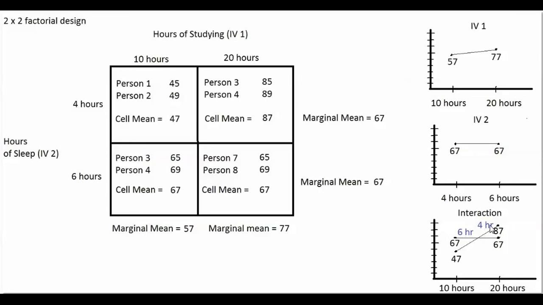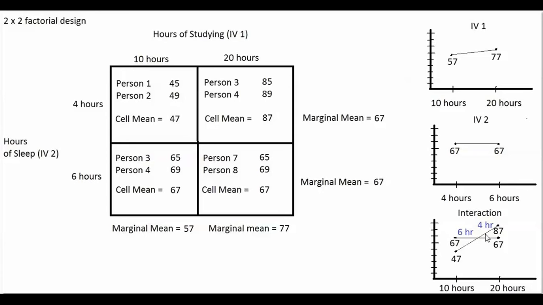And we can see that the 6-hour line is flat because there's no difference between these two cell means. And we can see that the 4-hour line is dropping down by 40 because this cell mean is 40 higher than this cell mean. Here we have an interaction in which the two lines cross. The two lines don't have to cross for there to be an interaction. They can cross, but they don't have to.